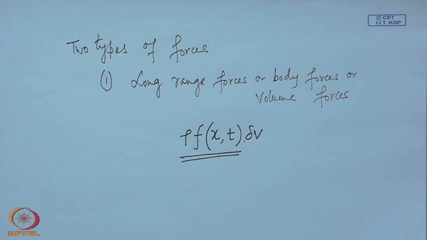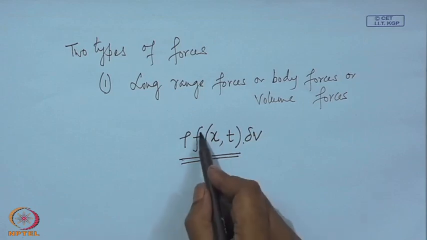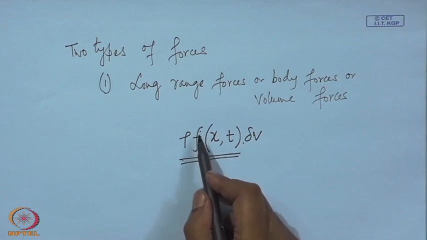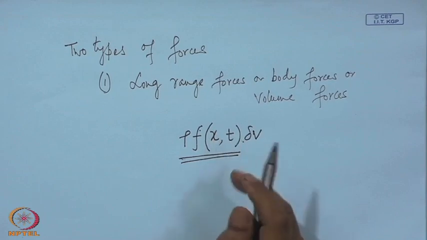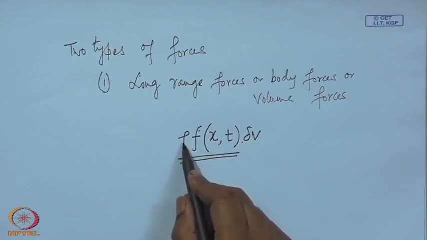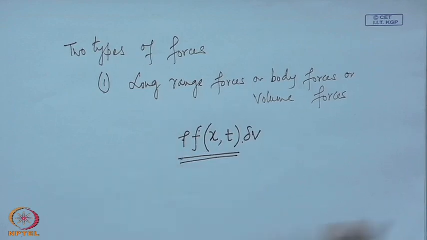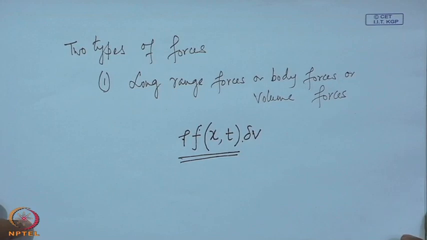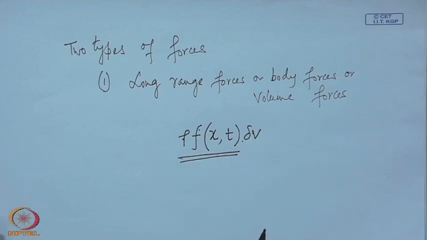the volume of the element. So, this is the body force acting on a small element of volume delta v, where F is the body force per unit mass acting at position x at time t, and rho is density. The common example is the body force due to gravity, and in that case this F is simply the gravitational acceleration g.